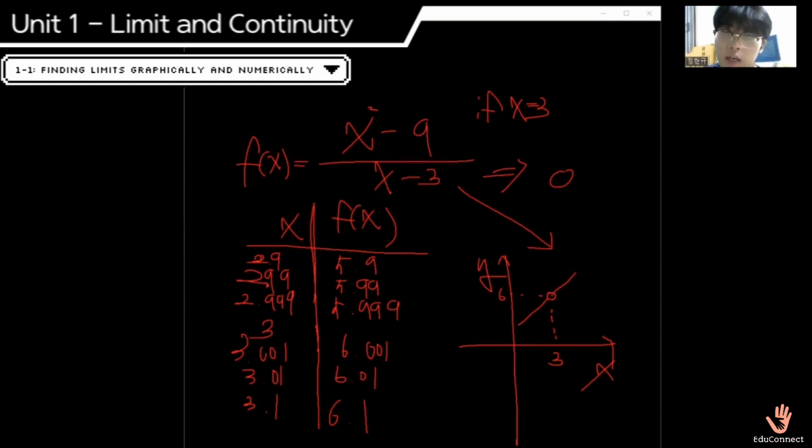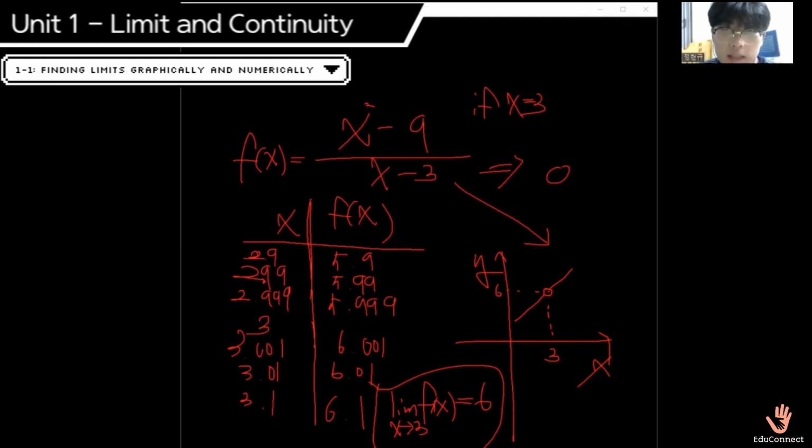This is an introduction to the limit, which is a very important topic in calculus. So we can write the limit as x approaches 3 of f of x is equal to 6. We can't say the value of the function is 6, but we can say that the limit as x approaches 3 of f of x is equal to 6.